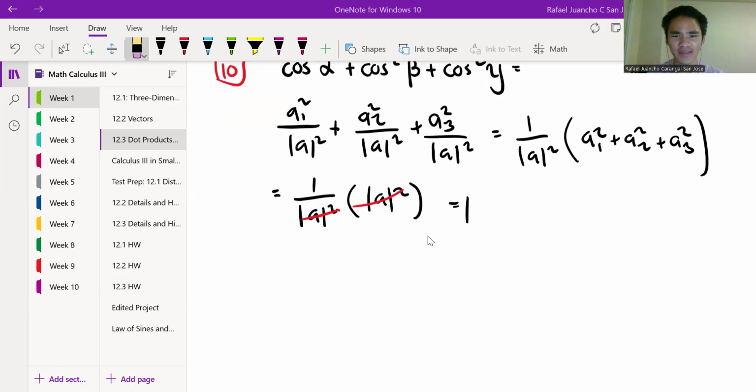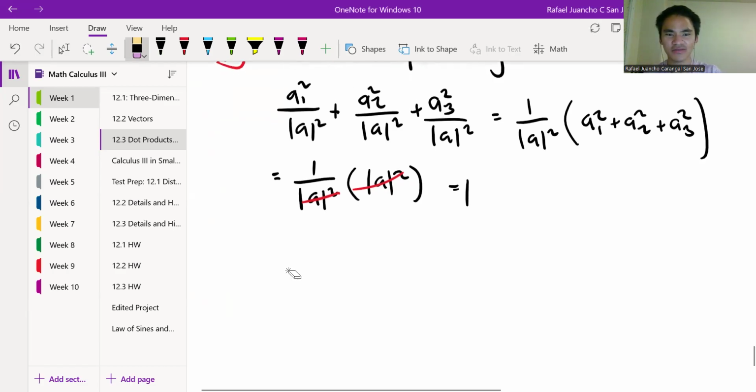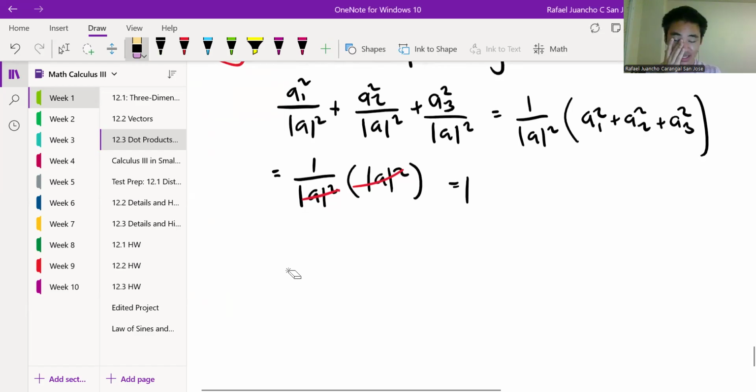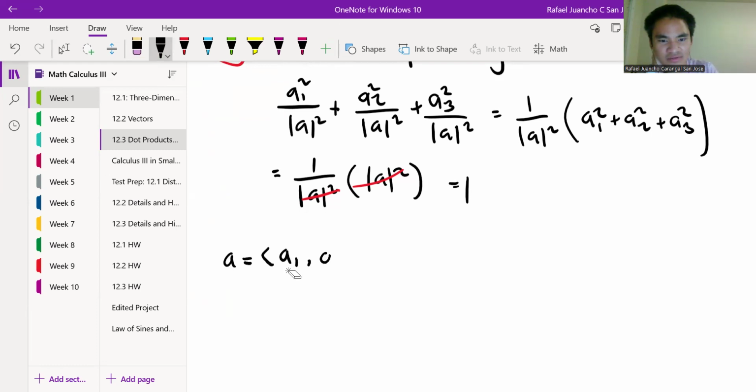But yeah. And then we can also use equations 8 and 9. It says here, and we can write something like this. Oh no, this isn't right again. Okay, so we have our vector A here with the 3 components.